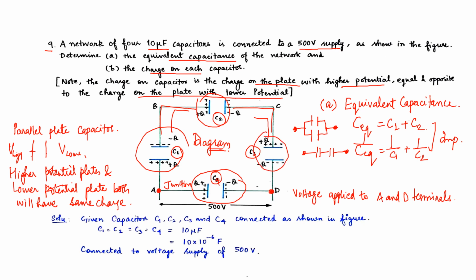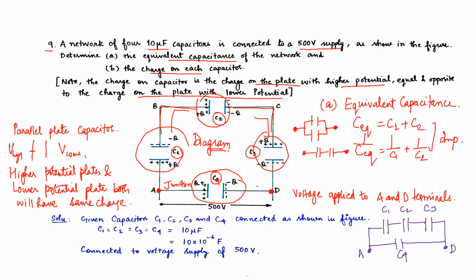So this diagram can be redrawn as C1, C2 and C3, and then this is junction A, this is junction D, and in between these junctions we have C4.